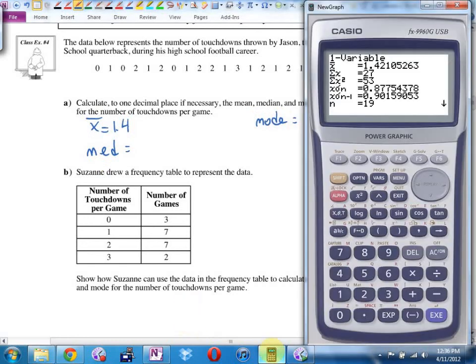What's the median? Not on my screen yet. By the way, Tanner, how many games did he play? See it? 19. Gotta be. It's the number of pieces of data. Median, you know what? 1.